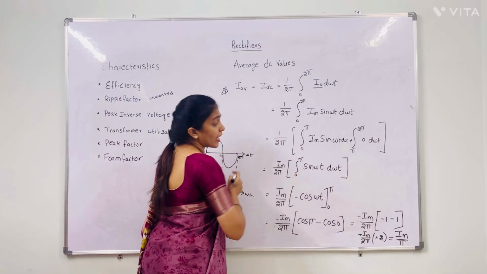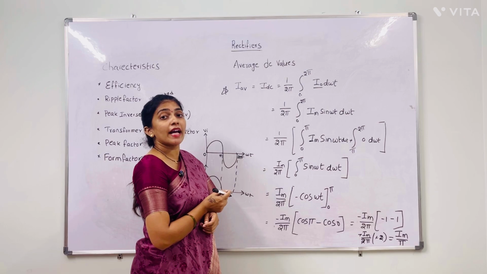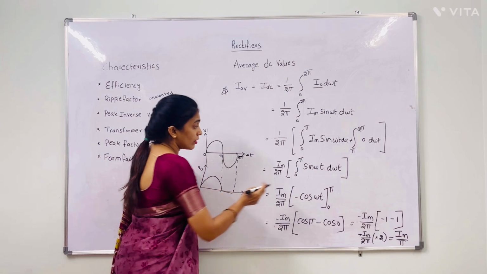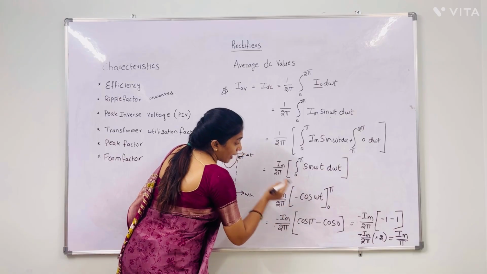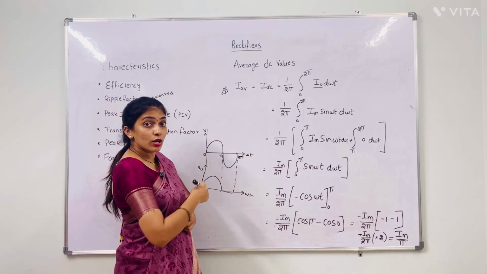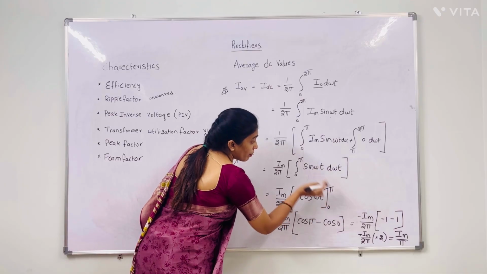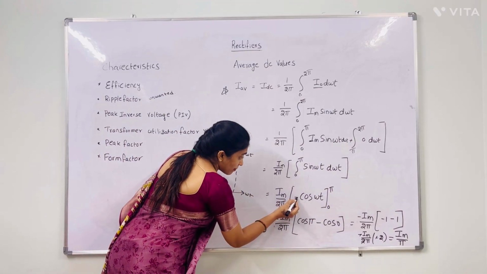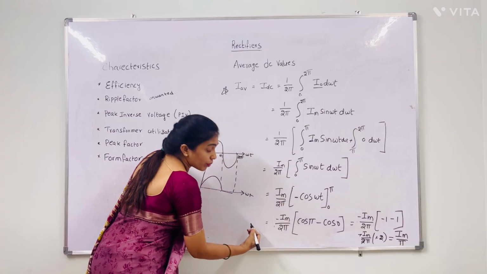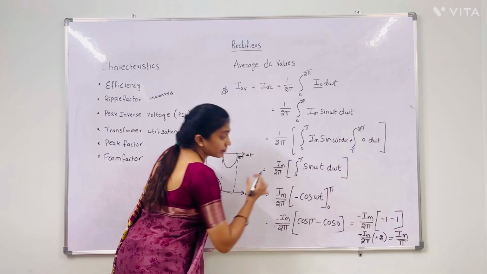Next, Im by 2 pi times the integration of sin omega t. The integration of sin omega t is minus cos omega t, and we apply the limits from 0 to pi. Taking the minus outside, the remaining term is cos omega t.